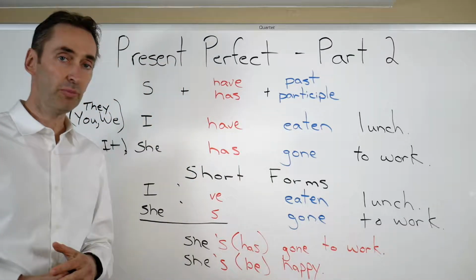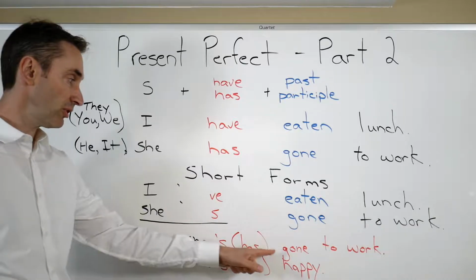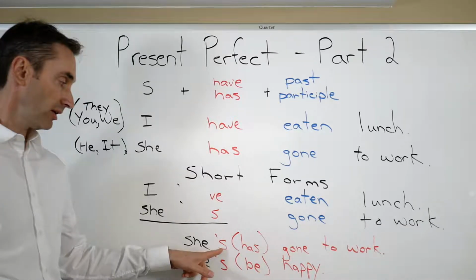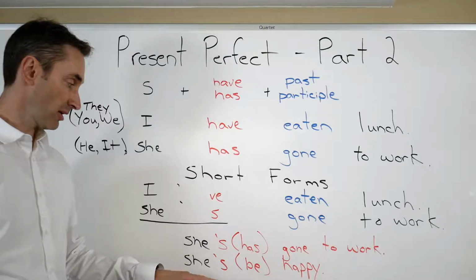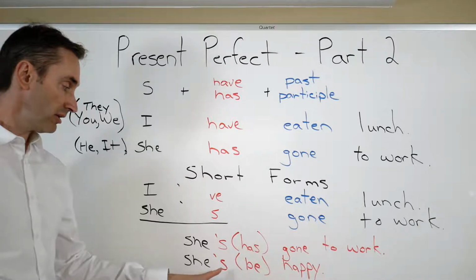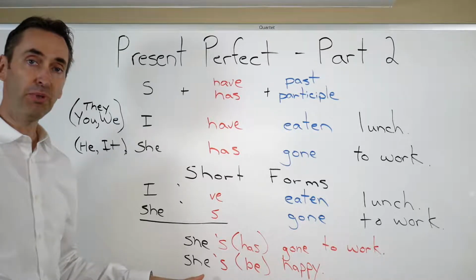So we need to be a little bit careful here. So she's gone to work. This S is a short form of has. Second one, she's happy. This S is a short form of be.